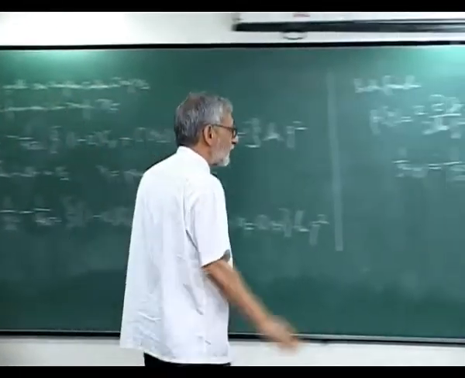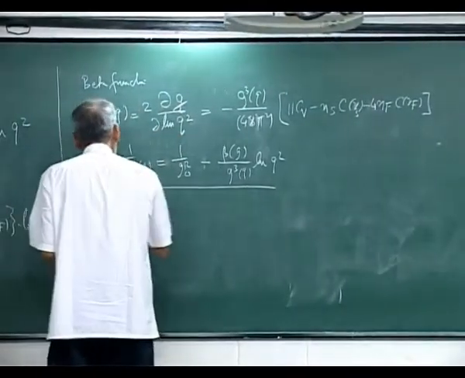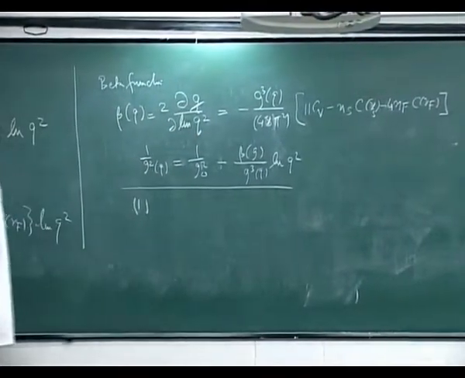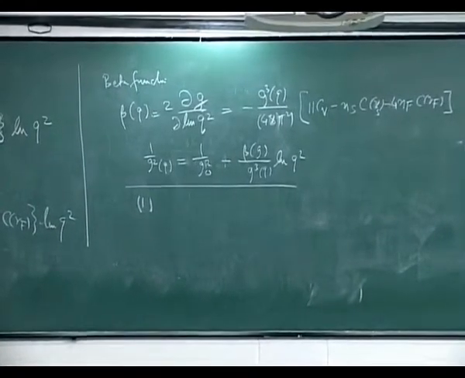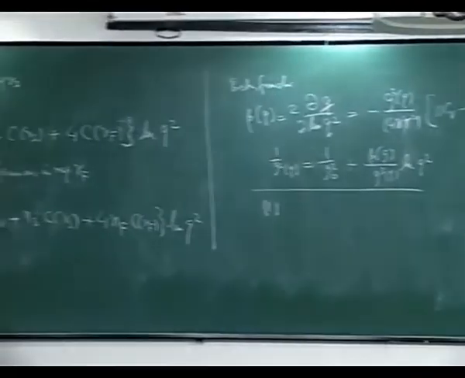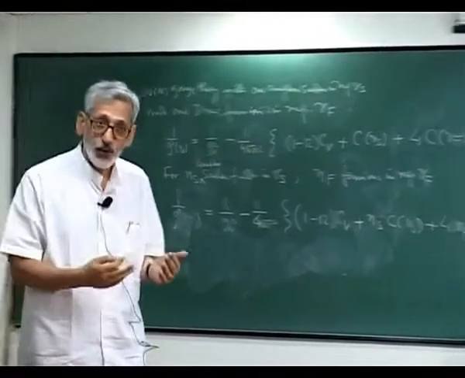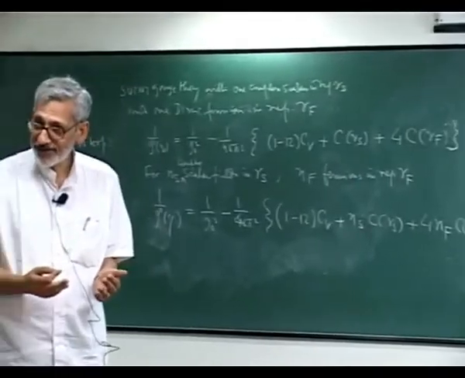Now, I want you to do the following thing. This is homework. One homework is to write neatly what we did earlier, which means the contribution of scalars and fermions.